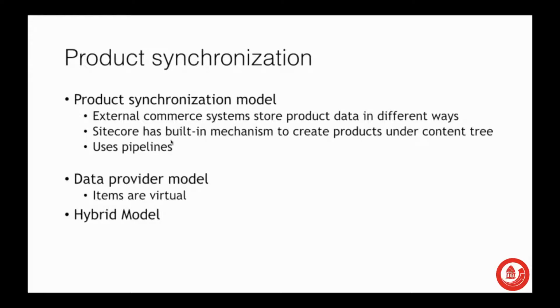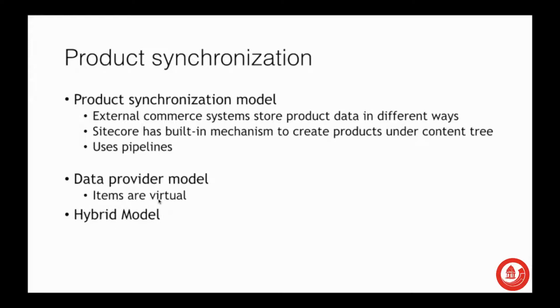Once you have these items, they need to be published and then indexed before you actually use them on your site. In the data provider model, you will see the items, but they don't exist in your Sitecore. Whenever you click on the content tree, the products are pulled from the external commerce system and displayed to you.